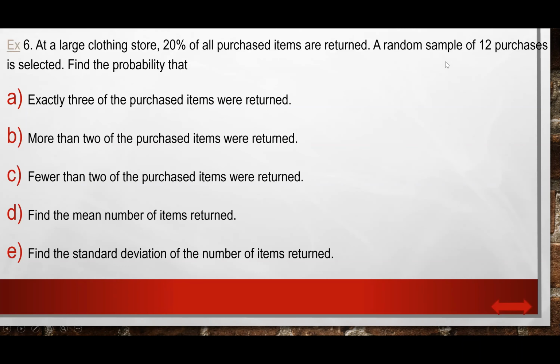Remember in 6.4, the criteria to qualify is that n times p has to be bigger than 10, and n times 1 minus p has to be bigger than 10. Here, if you take 0.2 times 12, that will not be bigger than 10, so we cannot use the normal approximation.